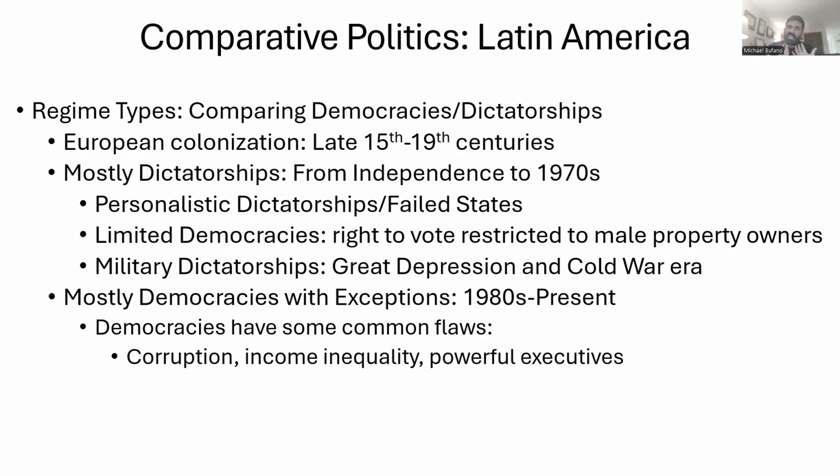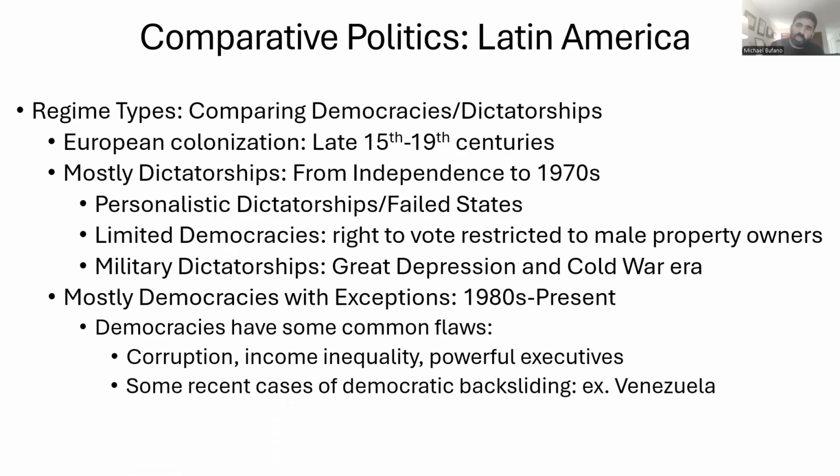They also tend to have very powerful executives, powerful presidents, and some problems as well with political violence, such as issues with drug cartels. And there have also been some recent cases of democratic backsliding in places like Venezuela. And there are a few cases that never transitioned to democracy to begin with, like Cuba and Haiti, for example.